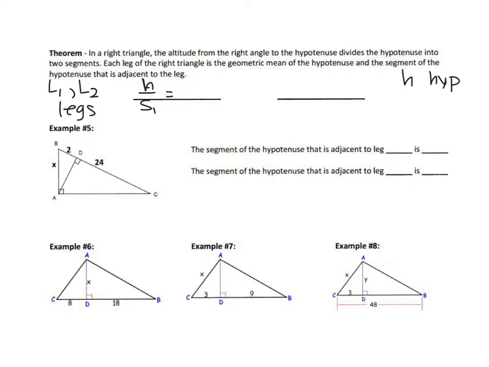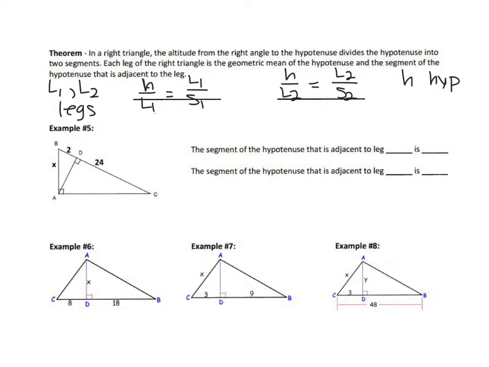So the hypotenuse over leg 1 has to equal leg 1 over its adjacent segment, which is going to be segment 1. We can also do the same thing for leg 2. So the hypotenuse over leg 2 is going to equal the length of leg 2 over its adjacent segment, which is going to be S2.